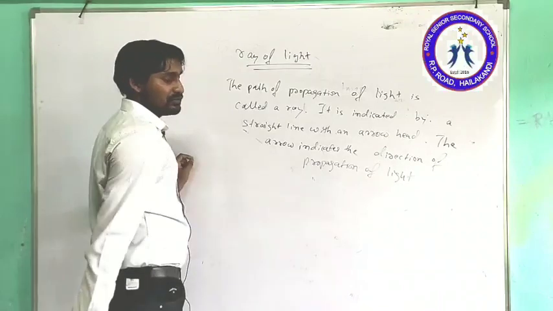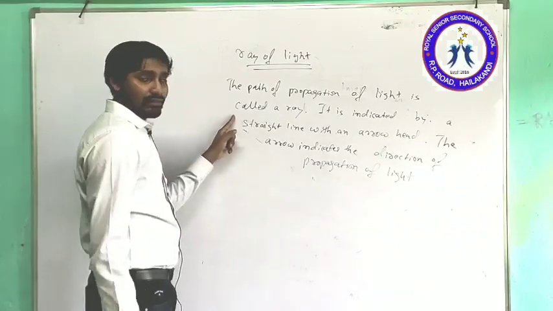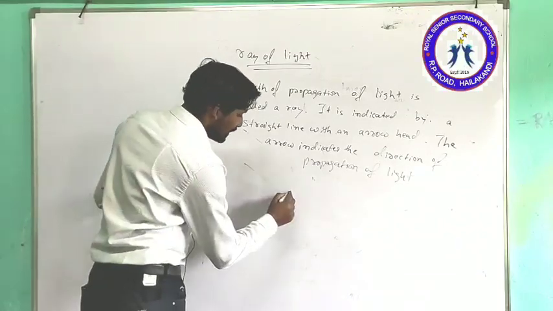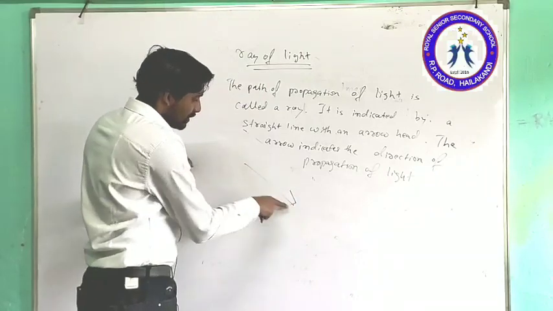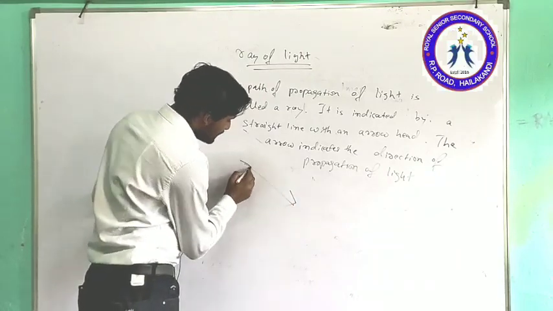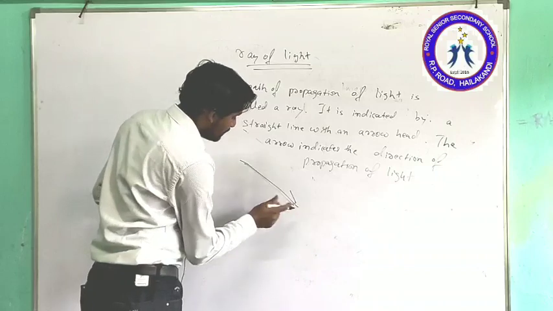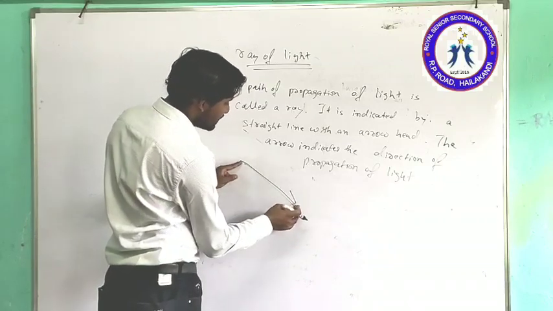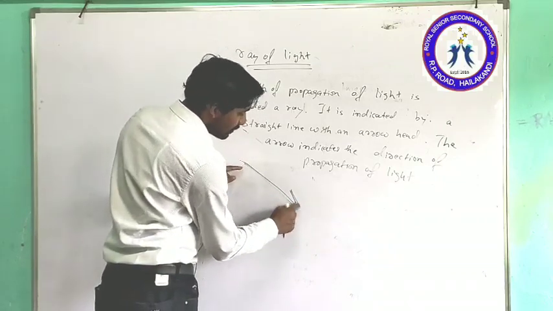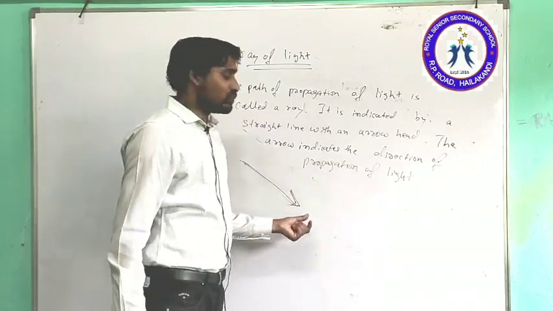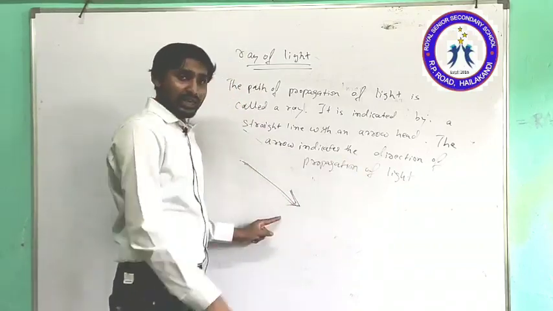The path of propagation of light is called a ray, and it is always indicated by a straight line with an arrowhead. Here I have indicated that light is traveling in this direction. The arrow indicates the direction of propagation, in which direction your light is going.